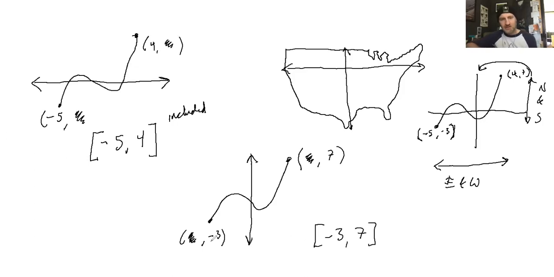Now, it just so happened that the way I drew it, it went in that order. If it went the other way and I started at a higher point and ended at a lower point, the range, we still write it from south to north, right? From the lowest to the greatest, because that's just kind of how our mind works, to go left to right, as we think from least to greatest. Okay, so this is the range, and this is the domain.